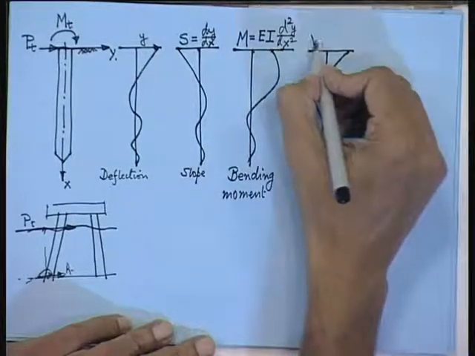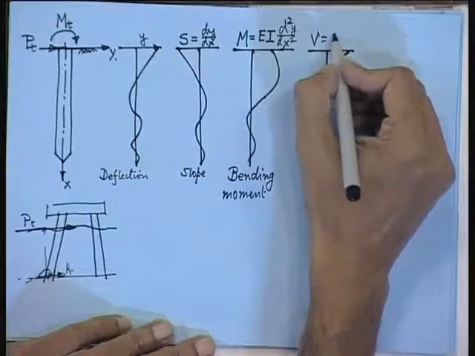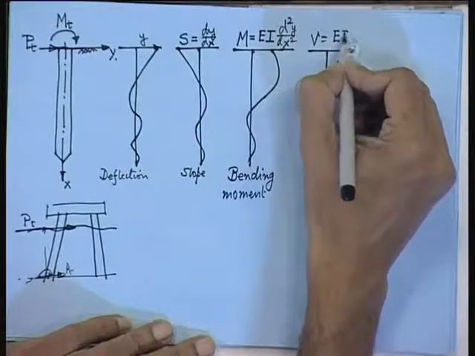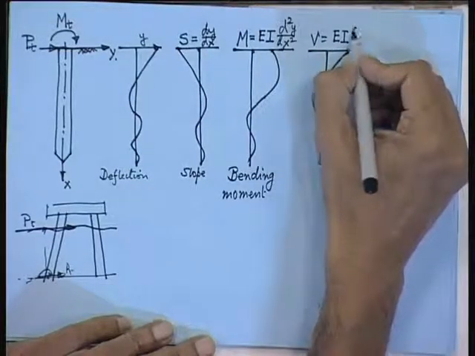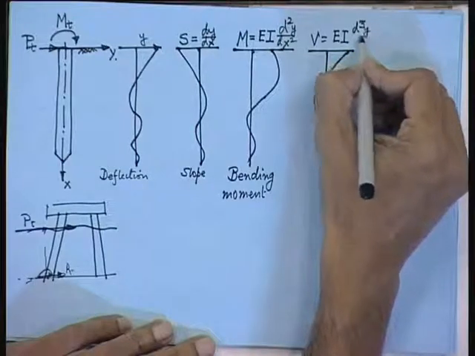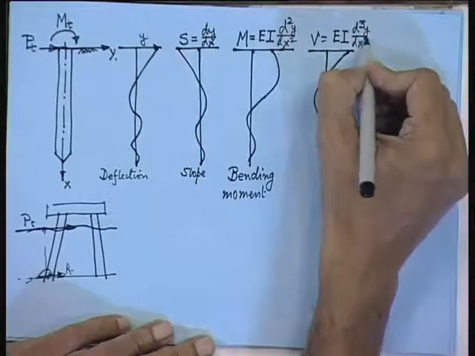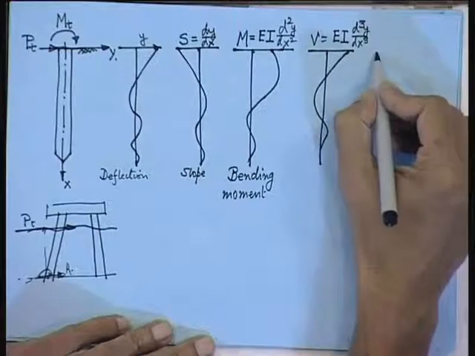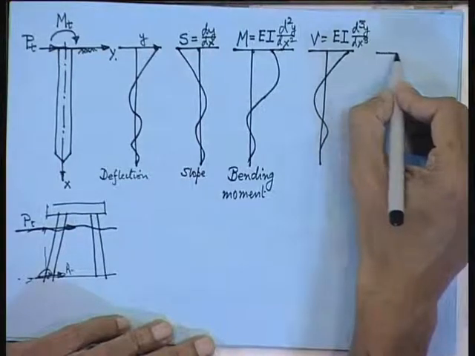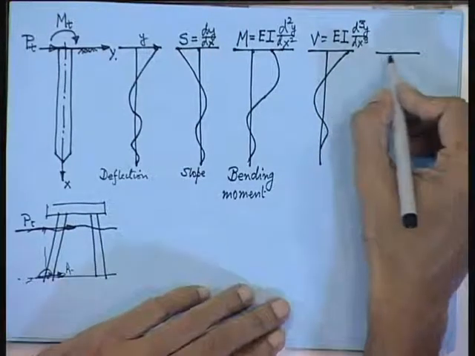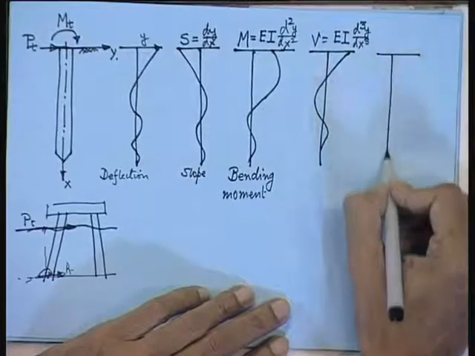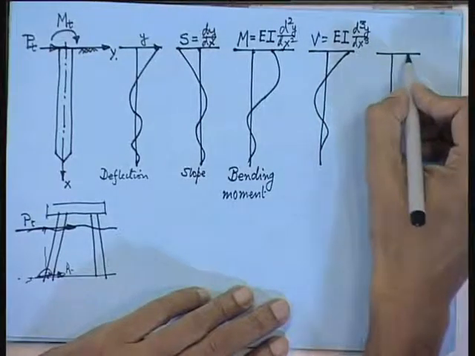Shear also you will get EI. So EI is your modulus of rigidity, d cube y divided by dx cube. Last one is the P1, the load. So this is going to vary like this.